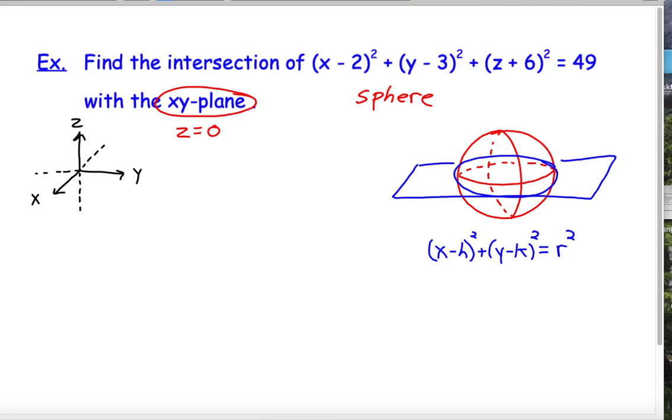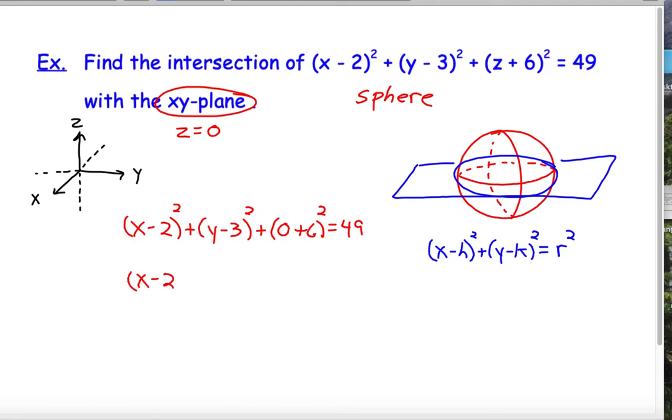So if z is equal to 0, we can take our equation and plug in 0 for z. So we're going to have x minus 2 squared plus y minus 3 squared plus 0 plus 6 squared equals 49.